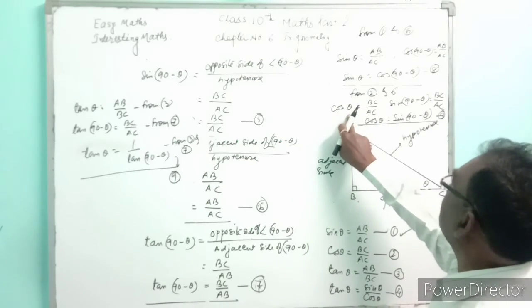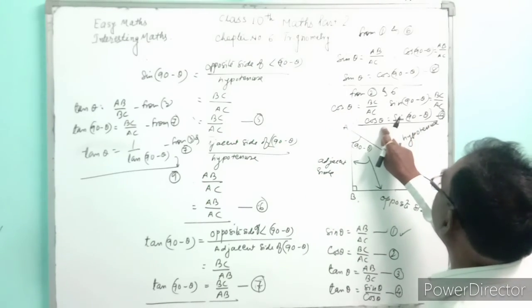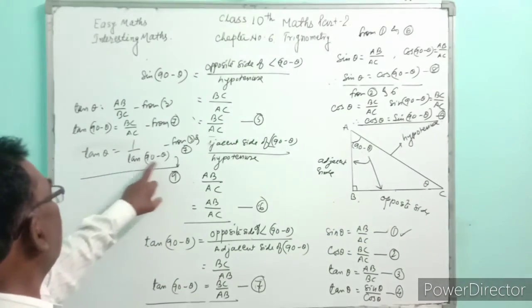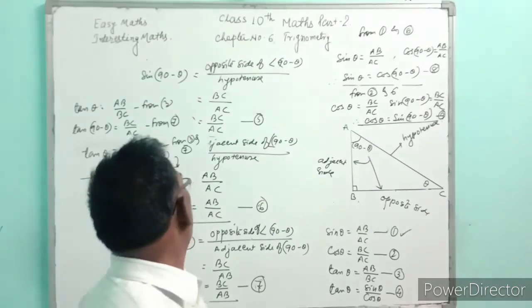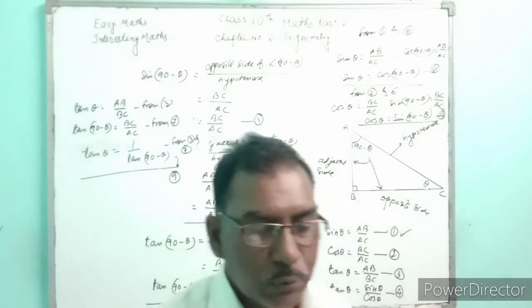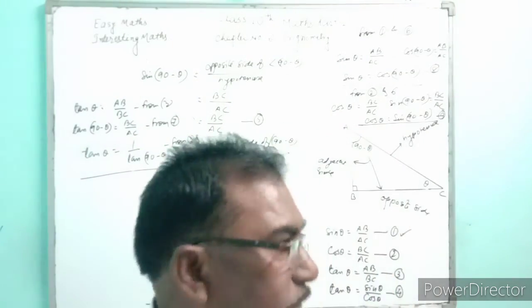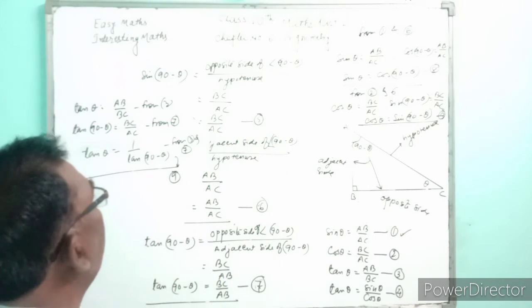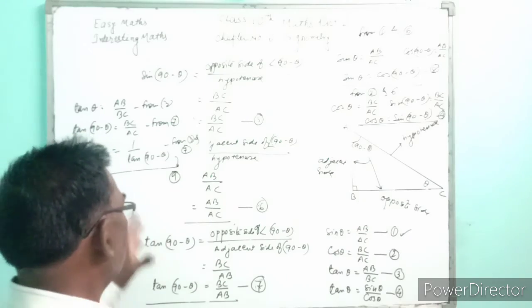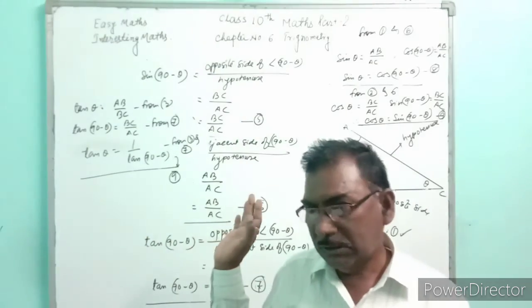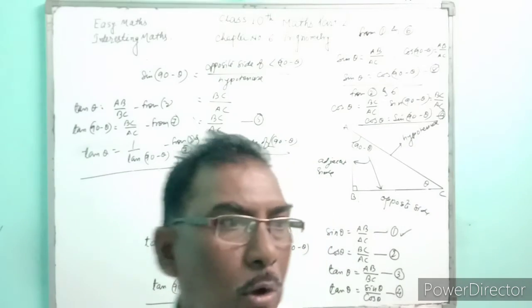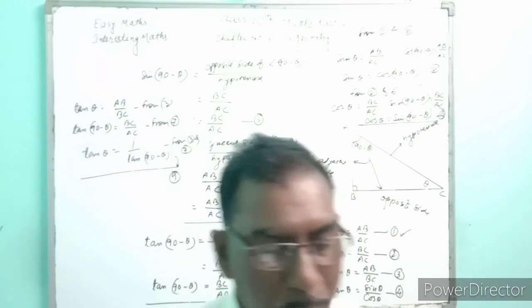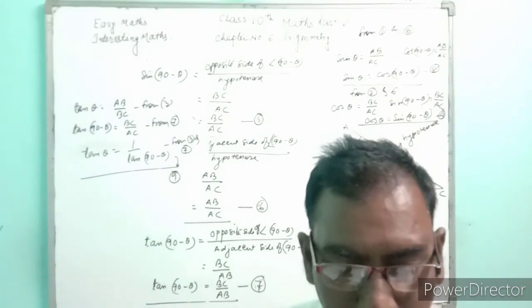Cos 90 minus theta is equal to sin theta, and tan 90 minus theta is equal to 1 upon tan theta. So these are basic formulas. This is basic information of trigonometry, and if we know all these formulas, then we can solve problems on trigonometry.